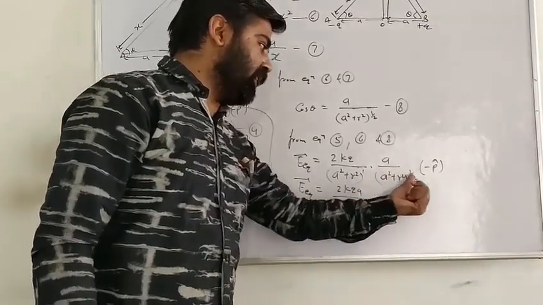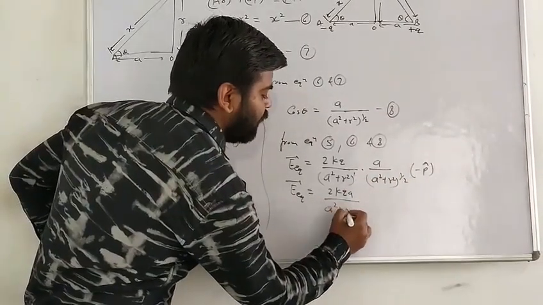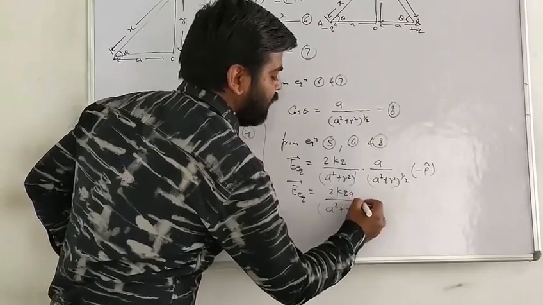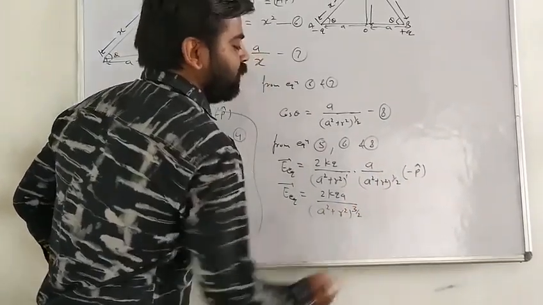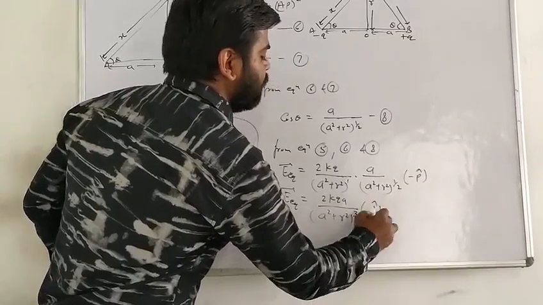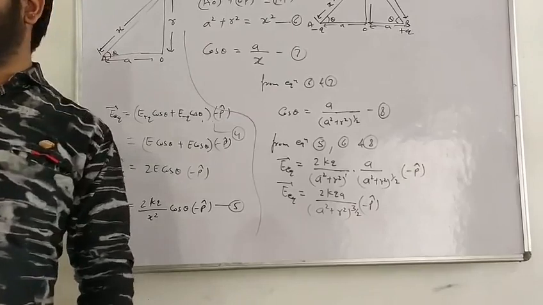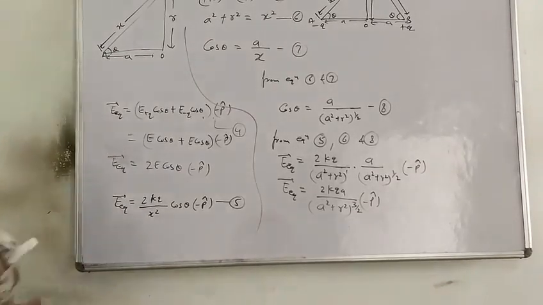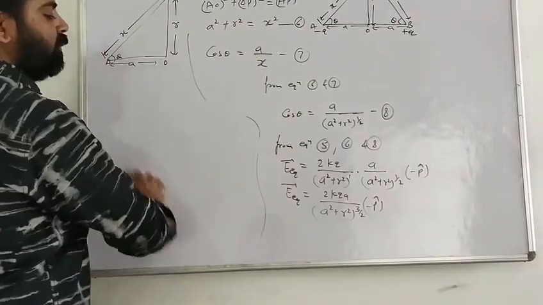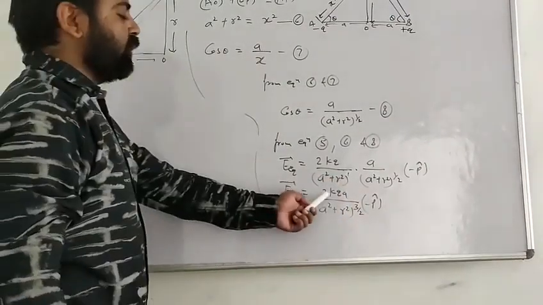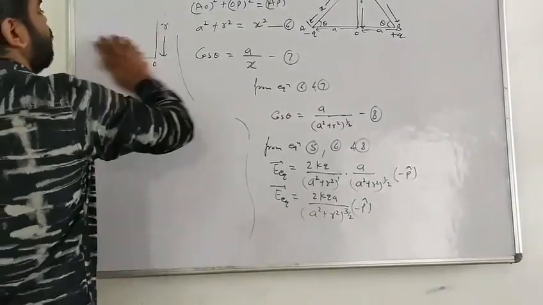This power is 1, this power is half, so the value is (a square plus r square) to the power 1 plus half, which means power 3/2, and the direction is minus pk. Now again we simplify this equation. E equatorial is equal to 2kqa upon (a square plus r square) to power 3/2.